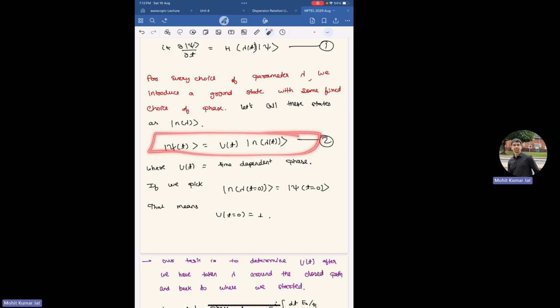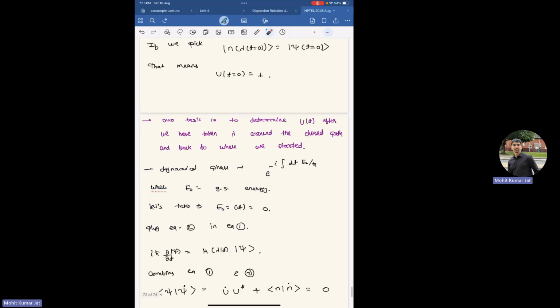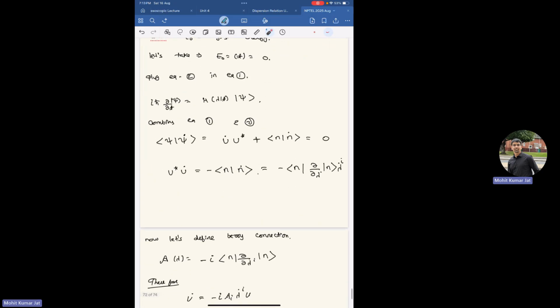U(t) is the phase factor, with U(0) equal to 1, and our task then becomes to determine U(t) after we have taken lambda around the closed path. You take your ground state energy E naught to be 0 so that at least the dynamical, time dependent part goes away.